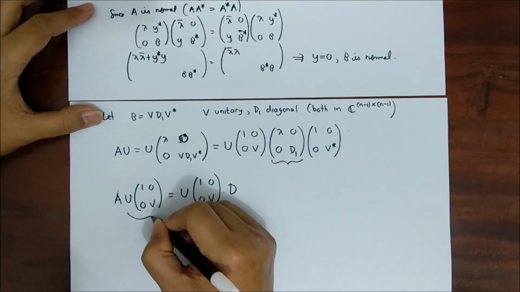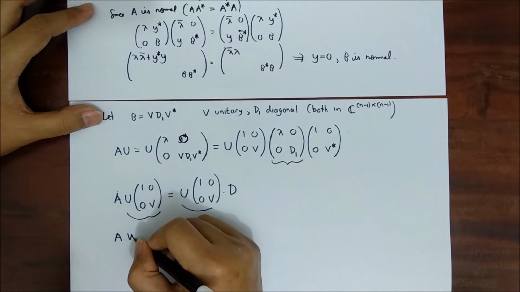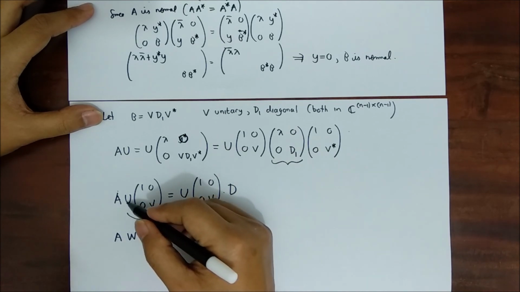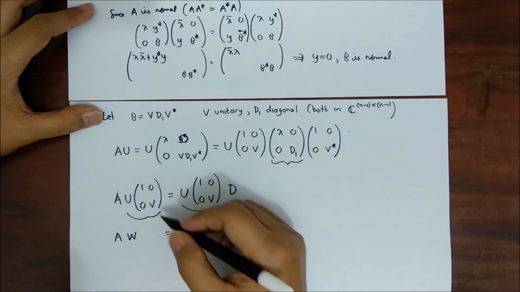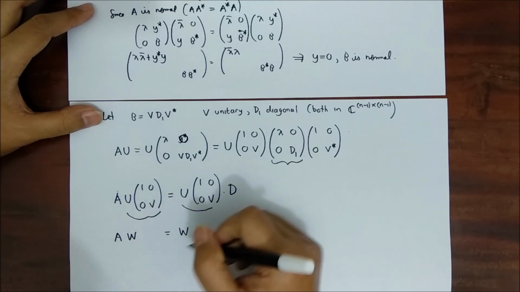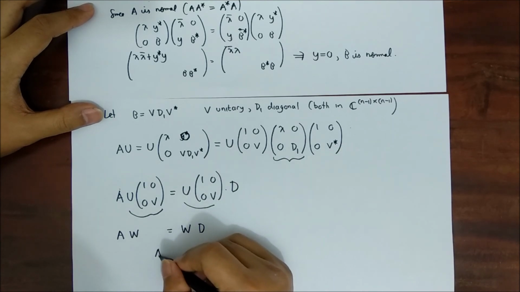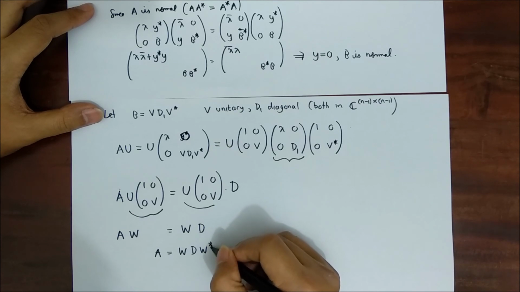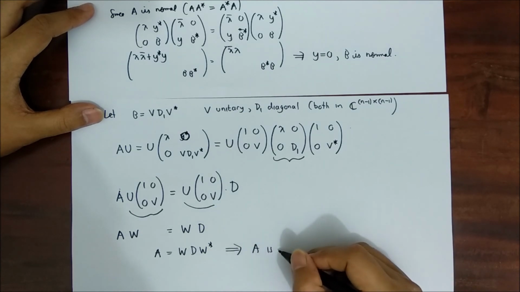We can call this W, for example. Since U is unitary, this is also obviously unitary, therefore W is unitary. Therefore, we can have A is W D W star. Therefore, A is normal.